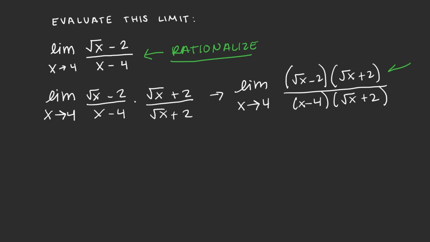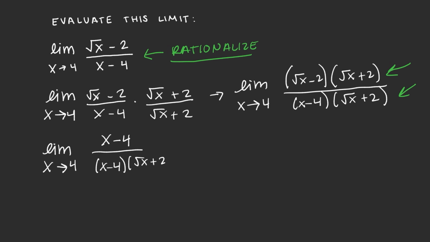And if you work out the math up here and down here, you'll end up with this. The limit as x approaches 4. On the top, you'll get x minus 4, and on the bottom, you'll get x minus 4 times the square root of x plus 2. And maybe you can already see it, but this one will cancel out this one down here.